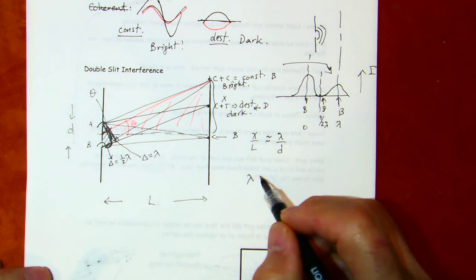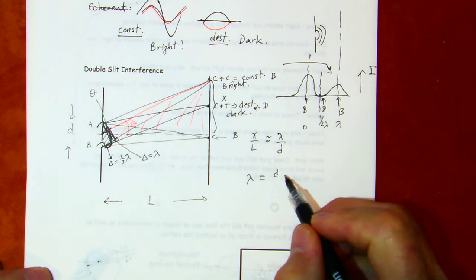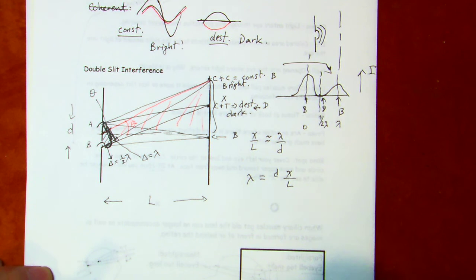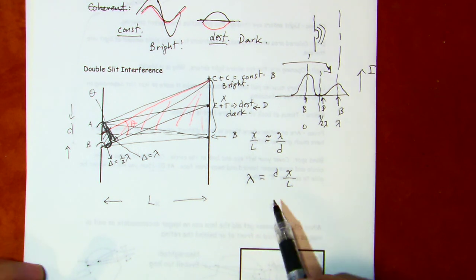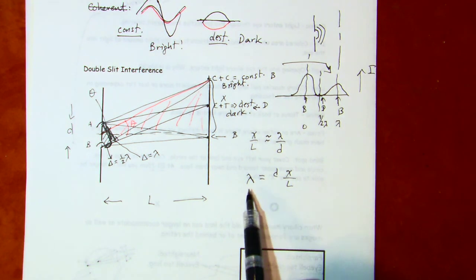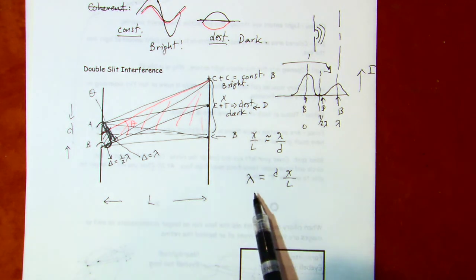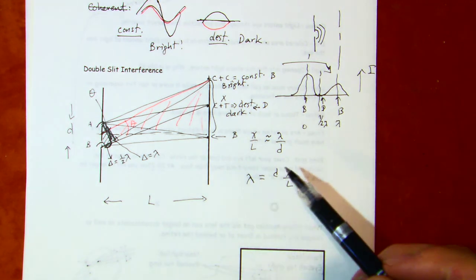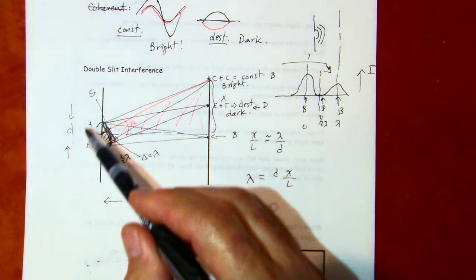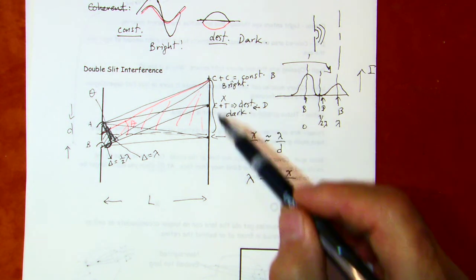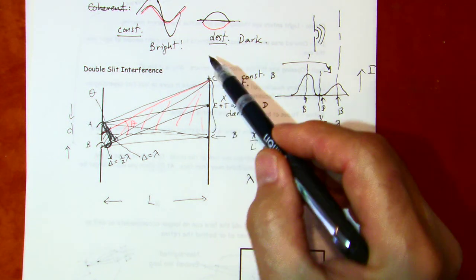So if you solve this for lambda, you get d times x over L, which allows you to figure out the wavelength. If you measured these back here, that would let you know the wavelength. Or if you knew the wavelength and you knew your slit separation, you could figure out how far up the screen the bright patterns would be.